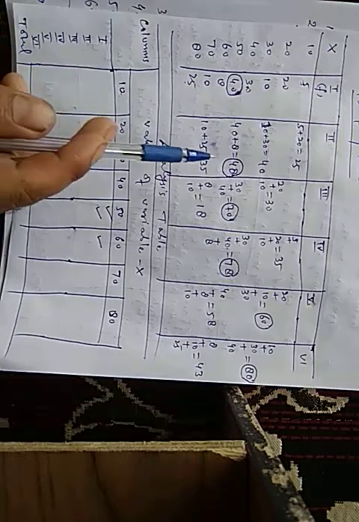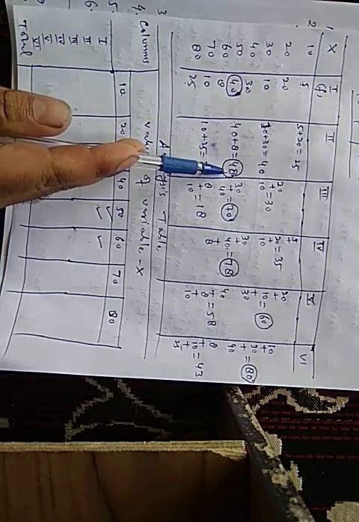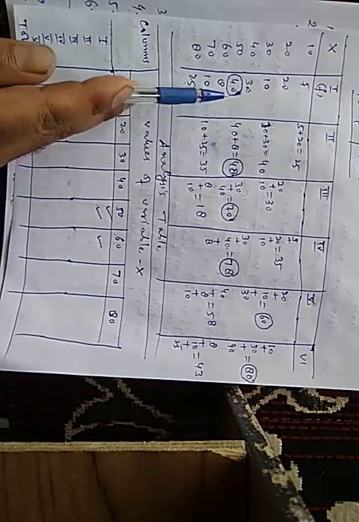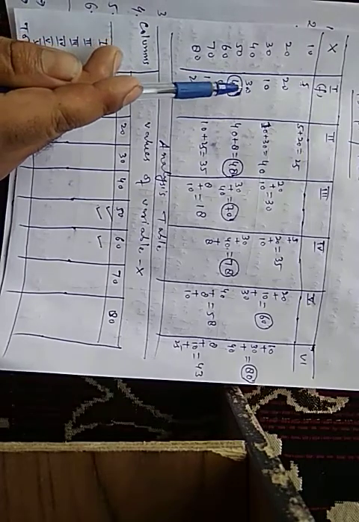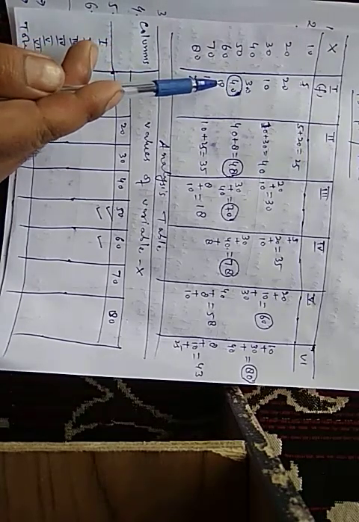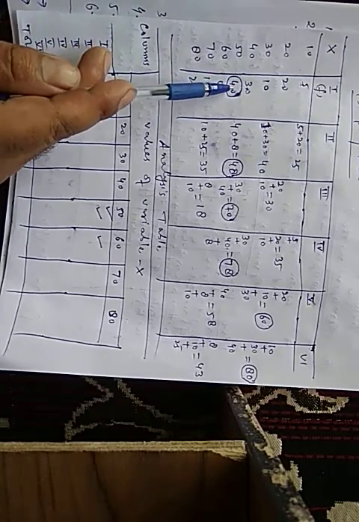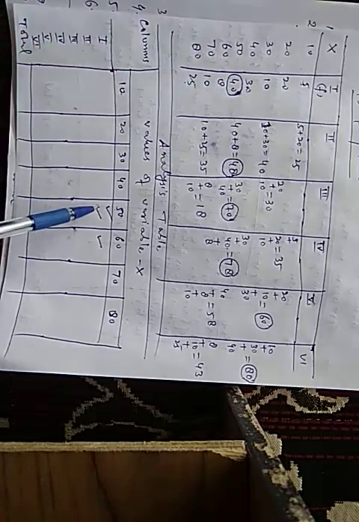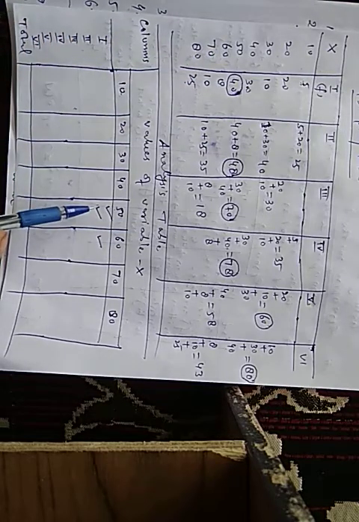There will be two tick marks. Therefore, in the second column, tick mark against the value of variable 50 and 60.